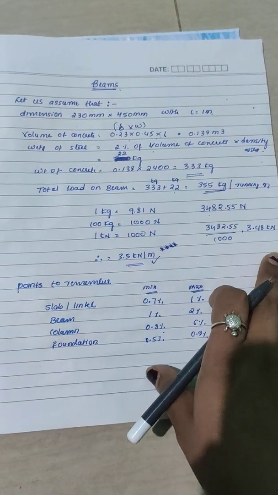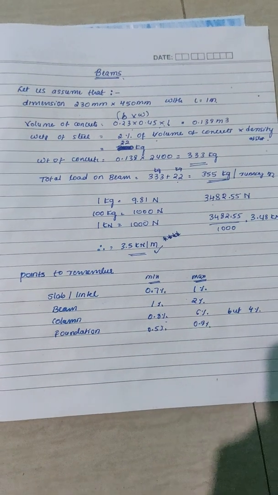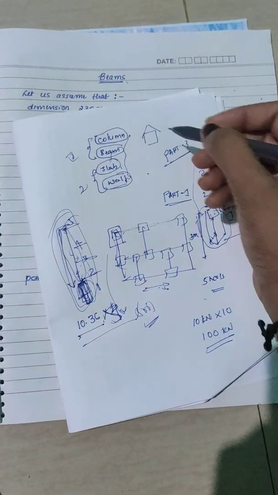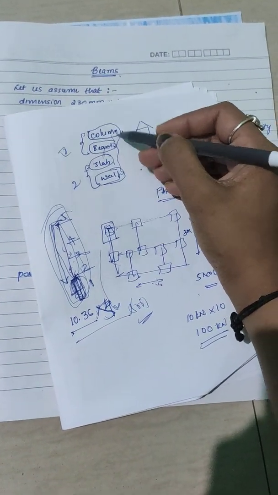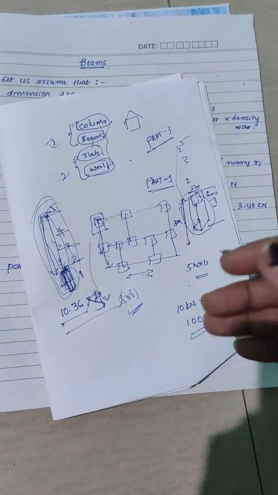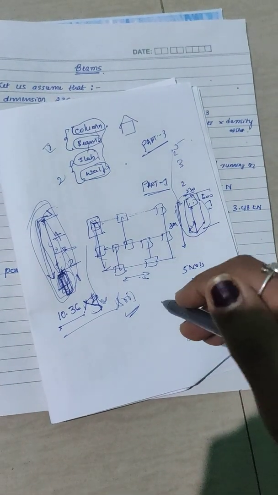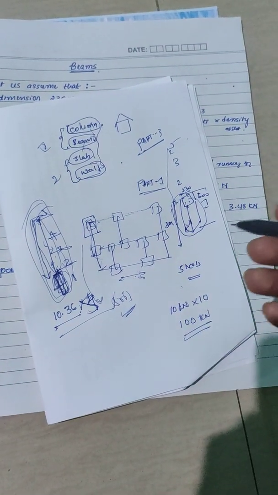Okay, so thank you. This is all about the first part that I have told you. So about column and beam I have explained. This is a very simple method whenever you go for any interview, for freshers too.